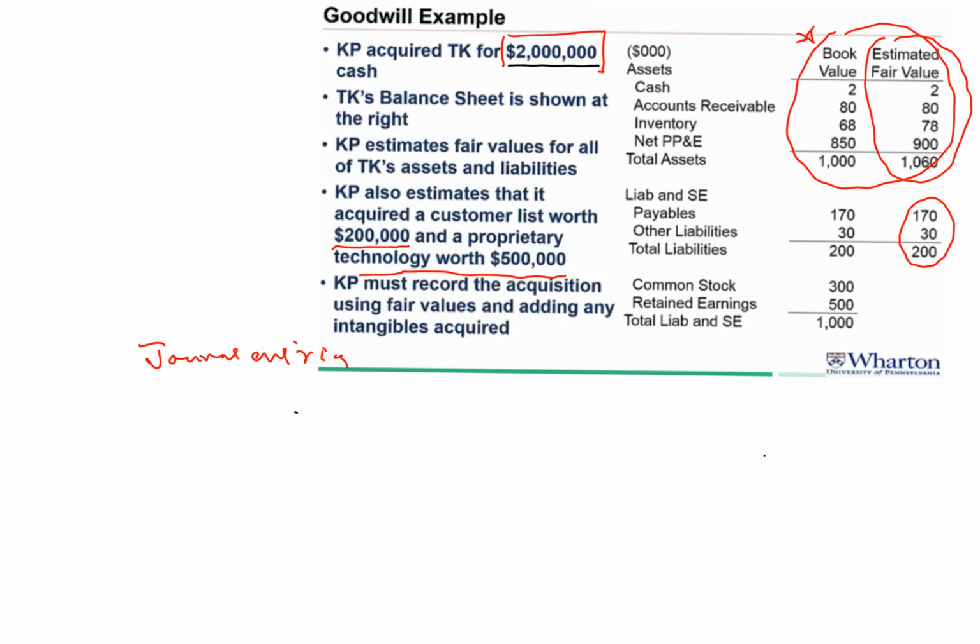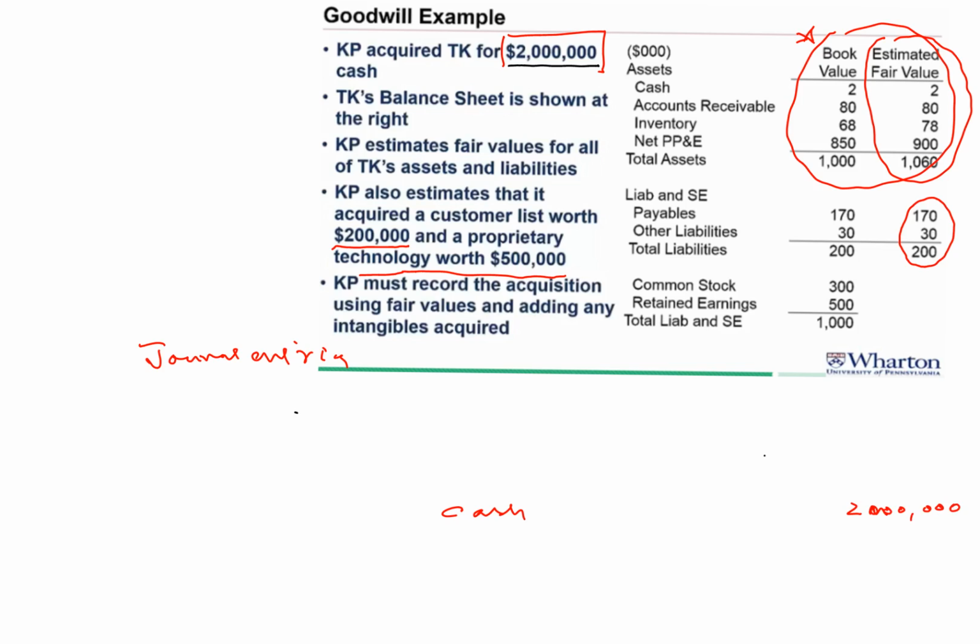So cash has decreased, and that's a credit entry. I am going to the extreme right to report it, just to make sure that it's a credit entry. It's how much? 2 million. So 2 million has been the cash outflow.